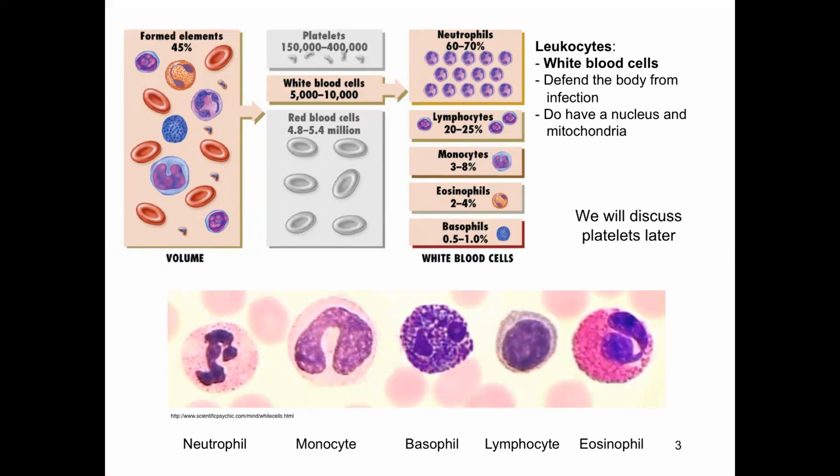The nuclei will have different shapes and different other aspects, and sometimes they have these little granules, but we will talk about those in a few minutes as to what makes them separate, all right? But in general, they all have a nucleus, and they also all have mitochondria, all right? So we'll talk about that in a bit.